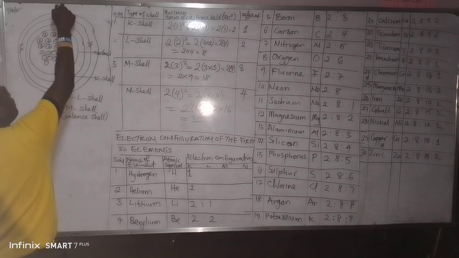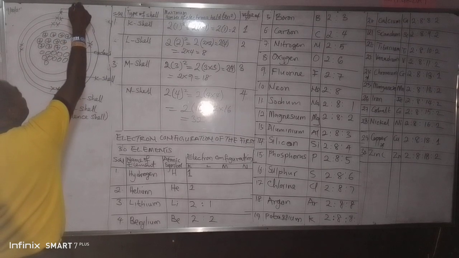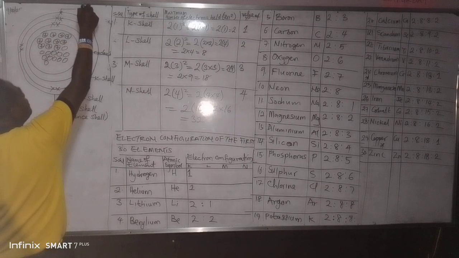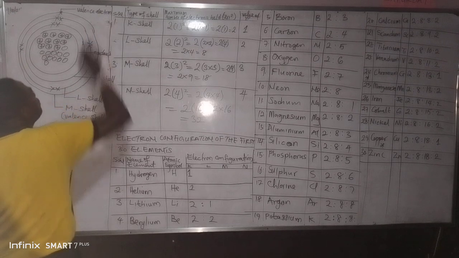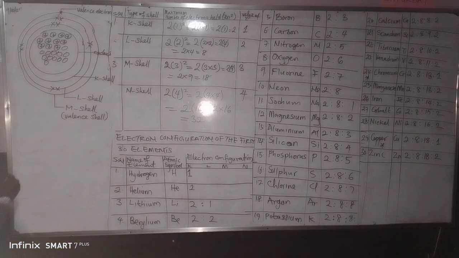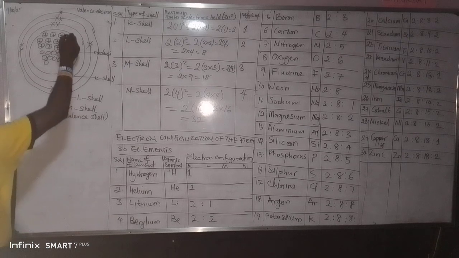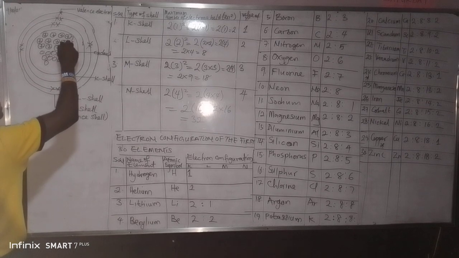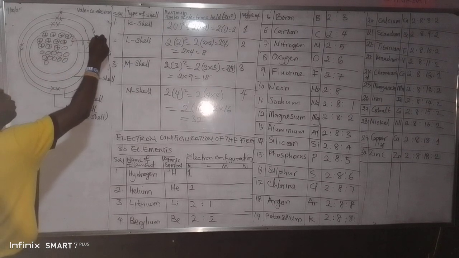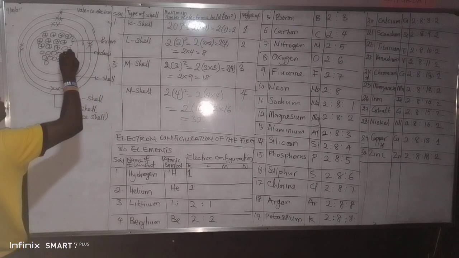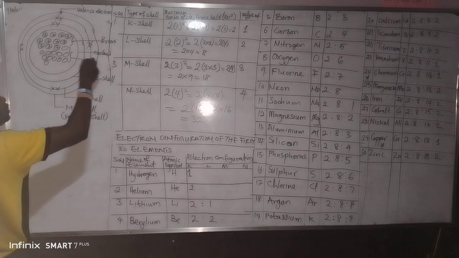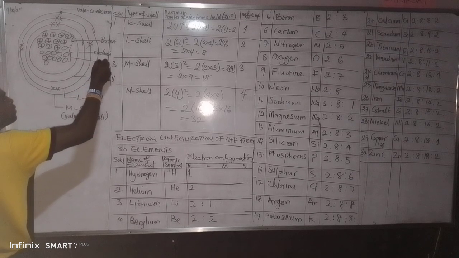So this electron that is found outermost is called the valence electron. Outermost electron is called valence electron. These positively charged particles are the protons, while these chargeless particles are the neutrons.